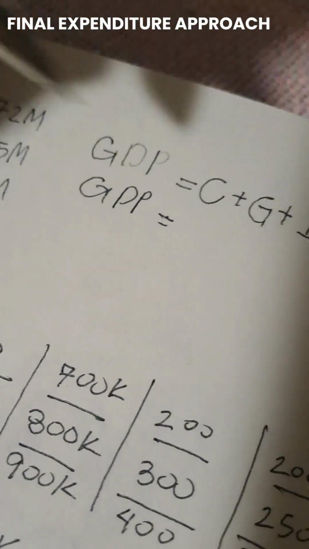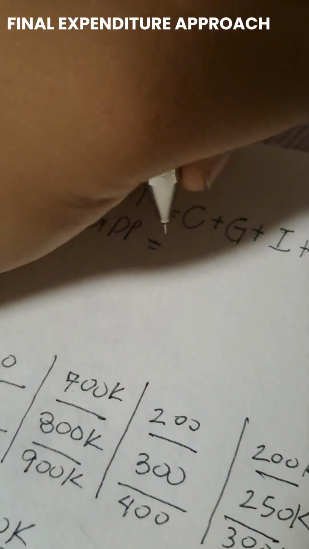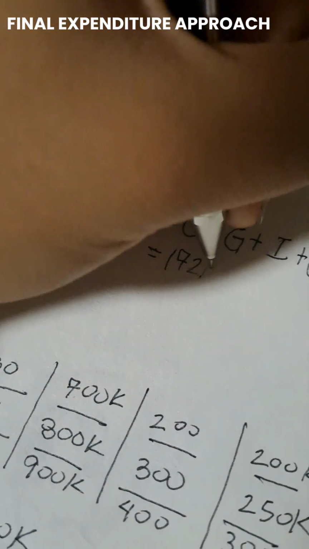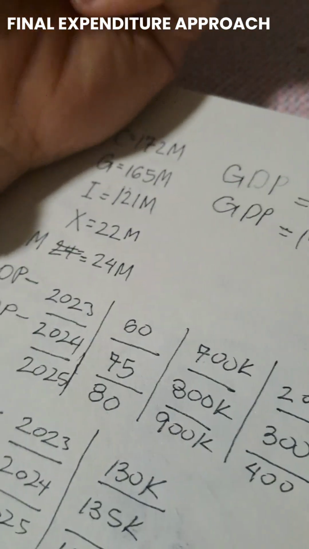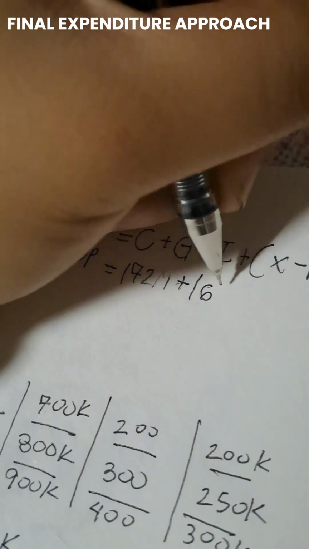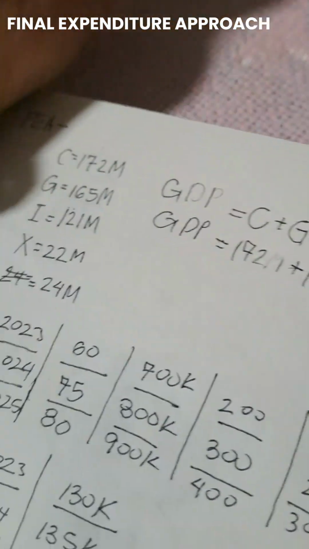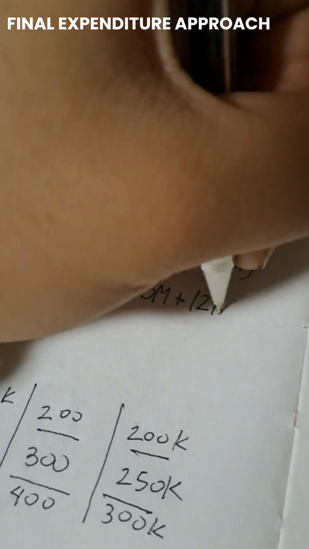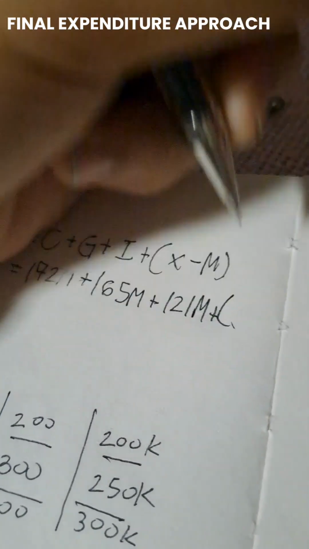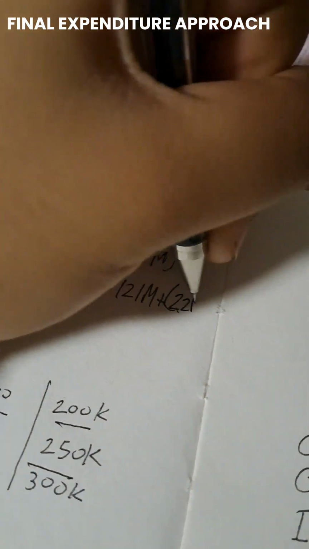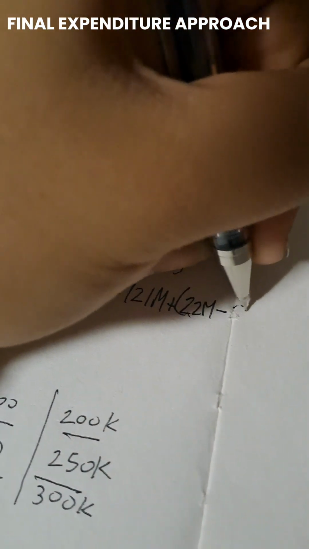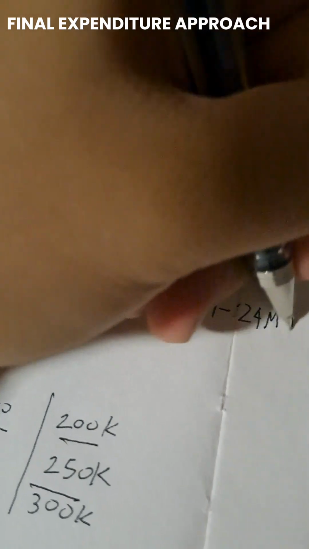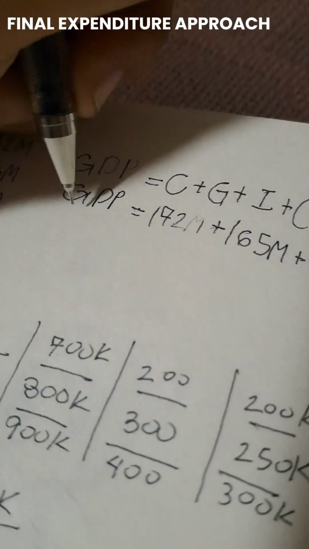So GDP equals C, which is 172 million, plus G, 165 million, plus I, which is 121 million, plus X, which is 22 million, minus M, 24 million.